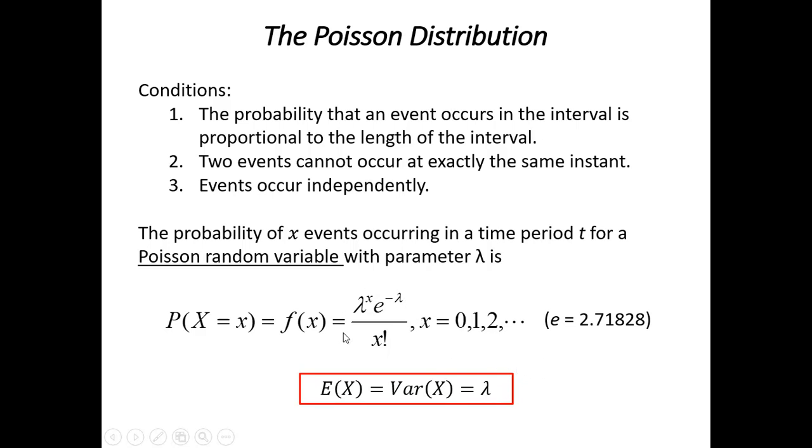You can see in this formula, e is equal to the well-known 2.71828. The variance here, surprisingly, is also equal to lambda. So I have an average value of lambda, and we have a variance of lambda. So this is a fairly easy formula to use. It's useful in certain cases, especially when you have an exact probability.